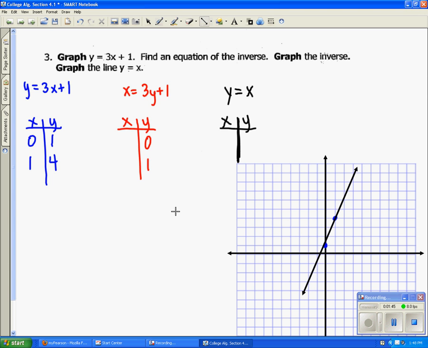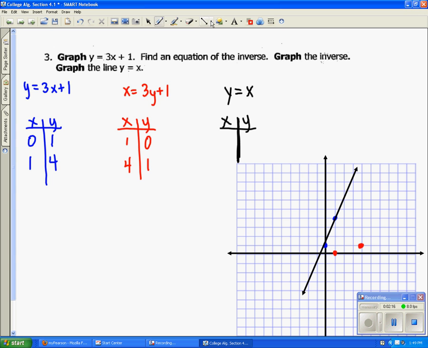Okay, next in red, since this is my inverse, I replace my x and y's, I reverse them. I'm going to now pick a value for y. Where y is at, I put a 0, so 3 times 0 is 0, plus 1, I'm going to get a 1 here. And also if I put a 1 right there, 3 times 1 is 3, plus 1 is 4. So now I'm going to graph those points: 1, 0, and 4, 1.